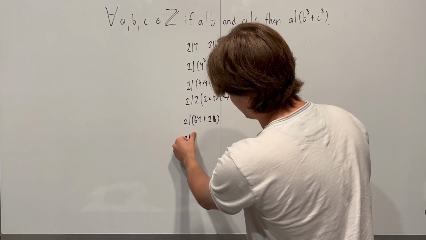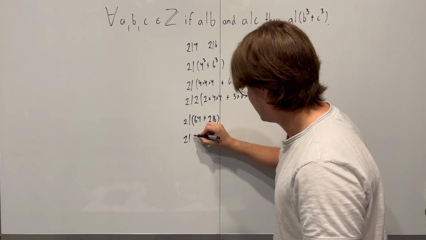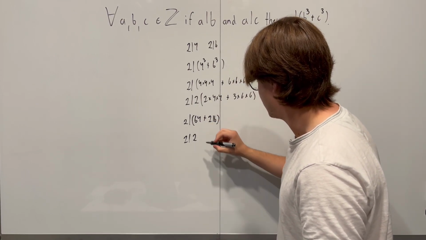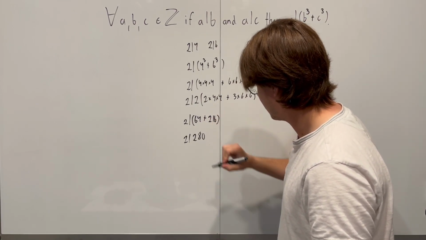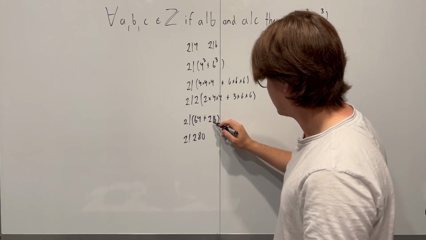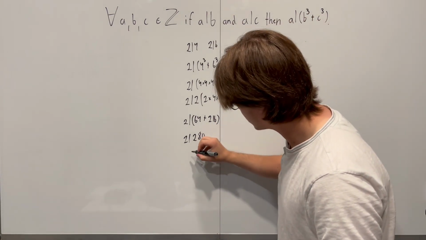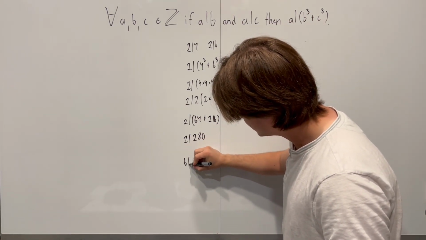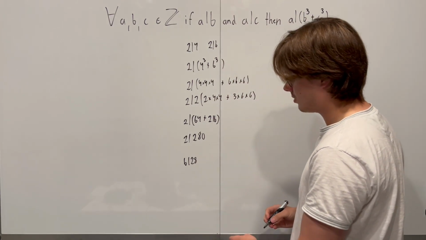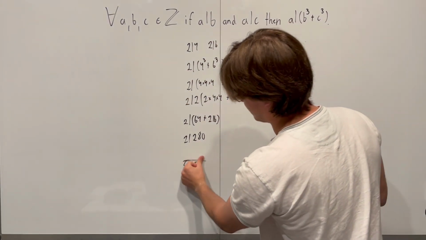So this is the same as asking, does 2 in fact divide the sum of these, which is going to be 280, I think. Right? 216 plus 60 is 276, plus 4 is 280. Yeah, okay. And this is in fact true because 2 does divide 280, and this is just times 140.